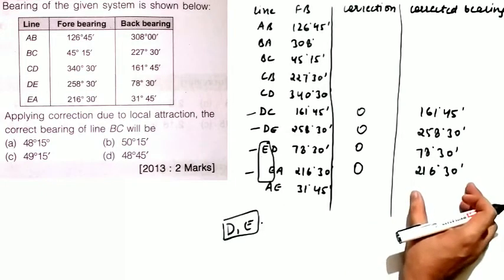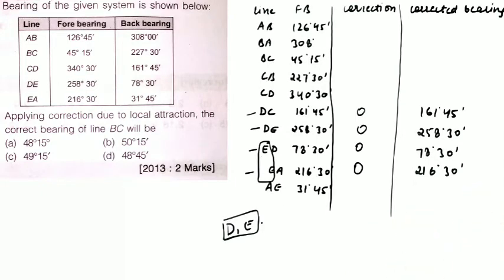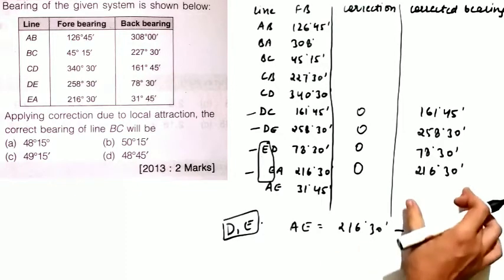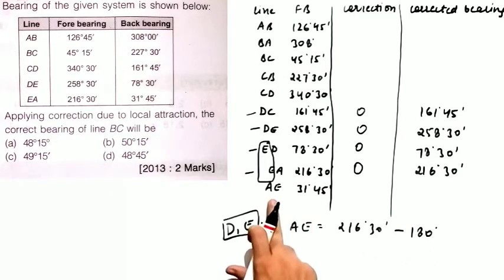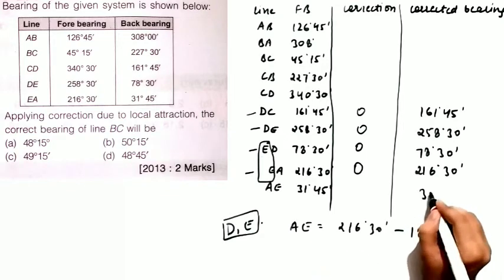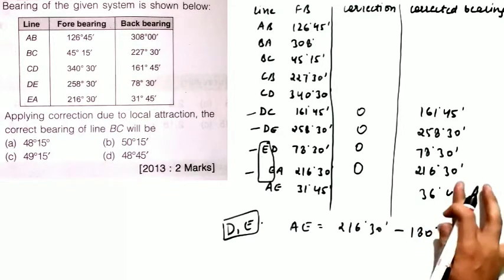This is the bearing for EA. To calculate the fore bearing for AE, you need to subtract 180 degree from this. From EA, you have to subtract 180 degree to get the correct fore bearing for AE. So this turns out to be 36 degree and 30 minutes.